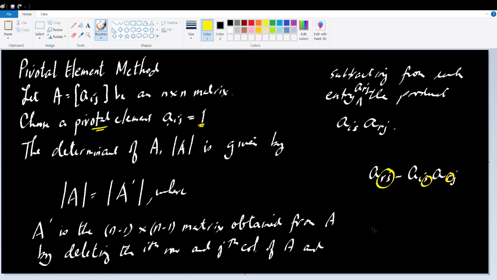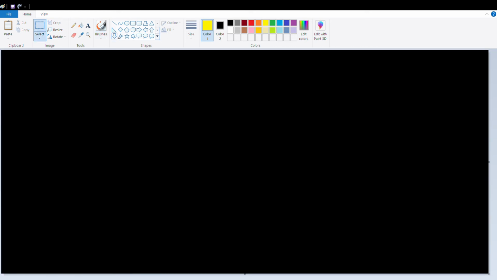The pivot is Aij, and from each remaining element ARS, you subtract AIS, ARJ. So let us have an example.